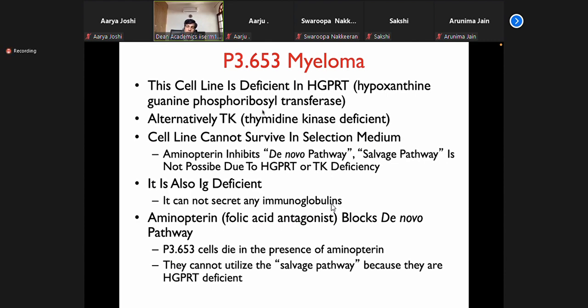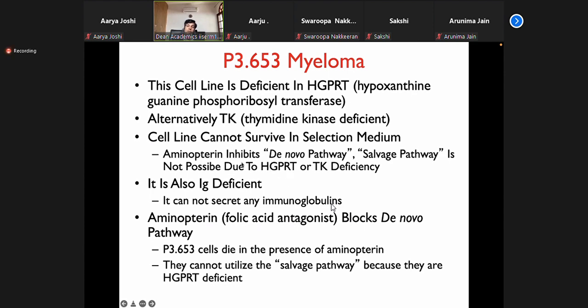It will come in the next slide why this is required. One of the major reasons is that this cell line you can select using HAT medium. The cell line cannot survive in selection medium because of deficiency of these enzymes, which are very critical for the synthesis of ATP, GTP, and all those nucleotides.